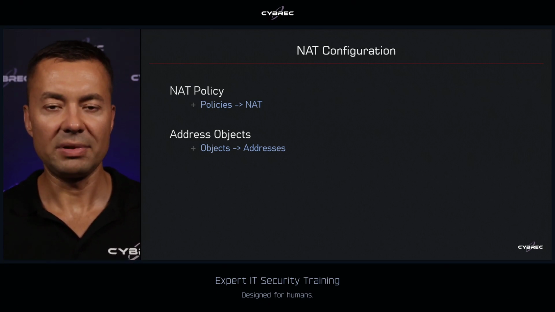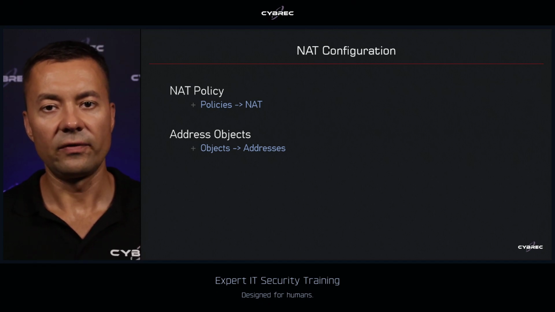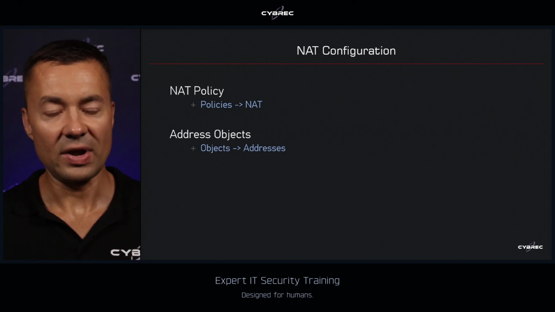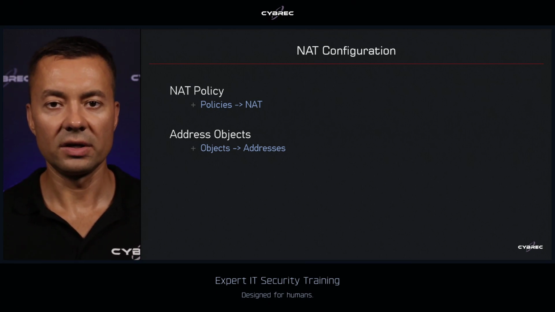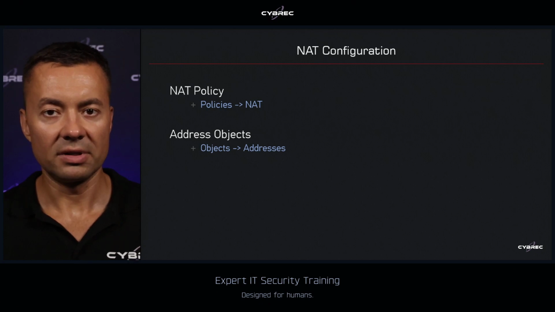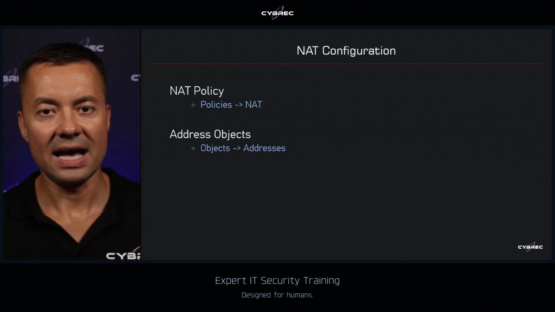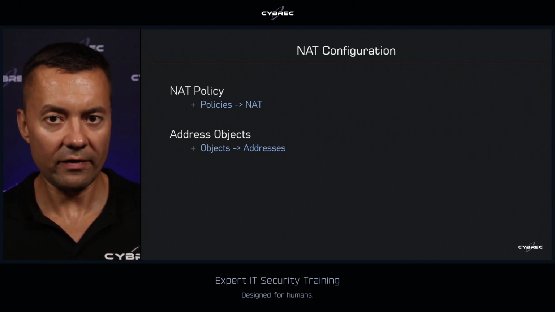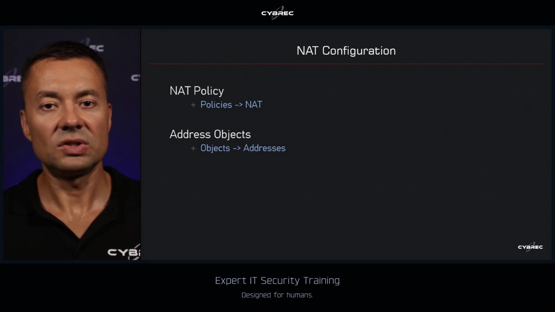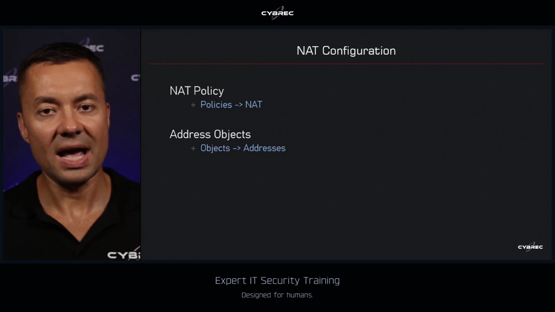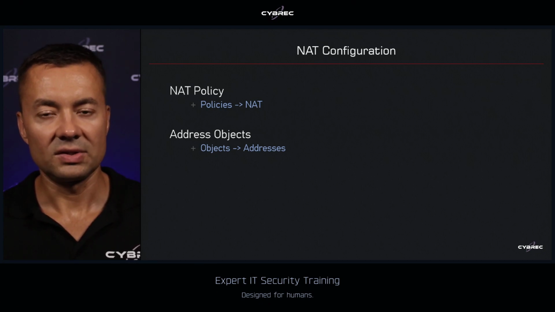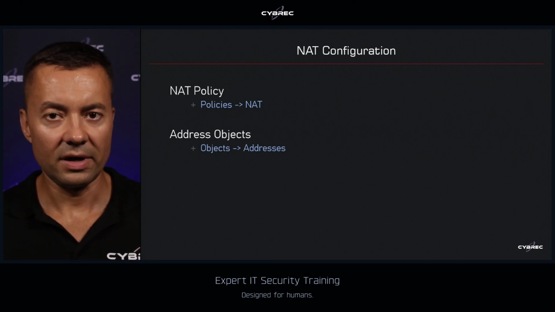So for instance, if you plan to do the translation for one of your web servers using IP address X as the translated address, the new address for this server, I would build an object and call it nat-server-x, or basically nat-server, something like this, just to distinguish these NAT objects used within the NAT policy from the regular objects that you configure inside of the security policy.